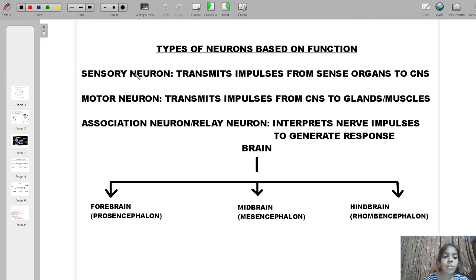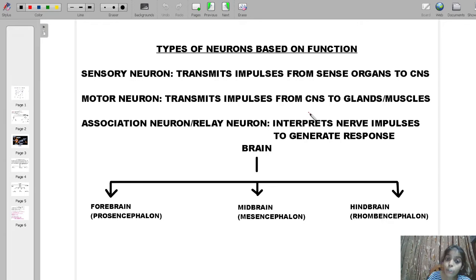Now, once they reach the brain and the spinal cord, within them there is the association neuron or relay neuron. Why such names? Because basically they relay the information from sensory to motor neuron. So they act as relay neurons. Not only that, they also interpret the nerve impulse. Interpret means they will try to process the information and accordingly will generate a response.